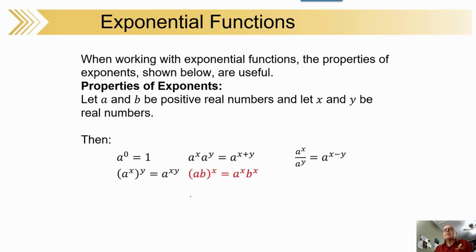Next one. This is sort of like the distributive property in a way. You've got a product inside parentheses, AB, and you're taking it to the x power. And all you have to do is split it up. Each one of them gets the exponent of x.